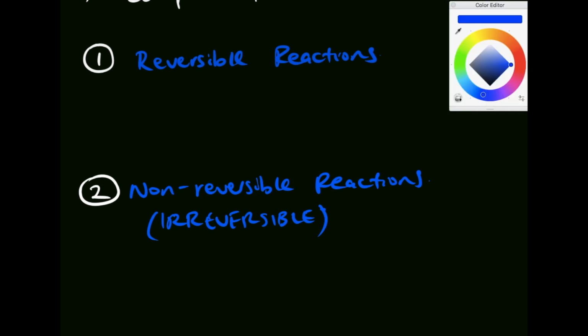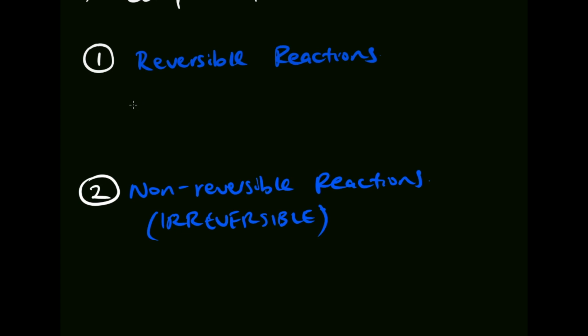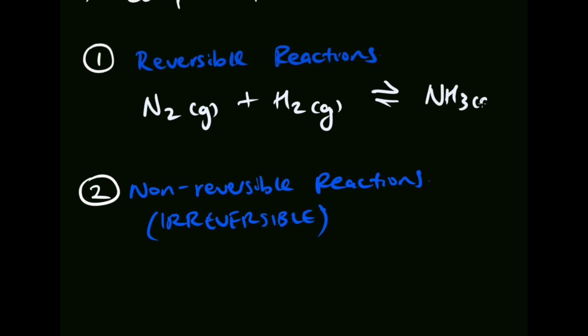Right? So an example of a reversible reaction would be the Haber process, which is nitrogen gas reacting with hydrogen gas, giving you ammonia. And I'll explain why this is a reversible reaction soon.